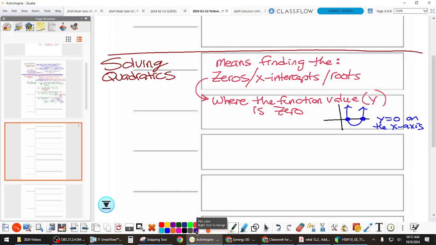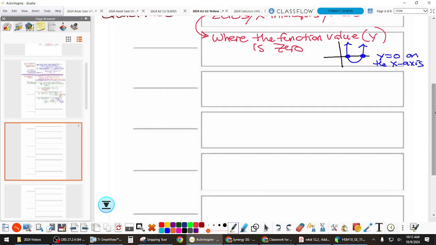I want you to write kind of a flow chart, so to speak. And we'll go in order of ease. I would start by looking for square rooting. If that doesn't work, your next easiest is GCF or star factoring.